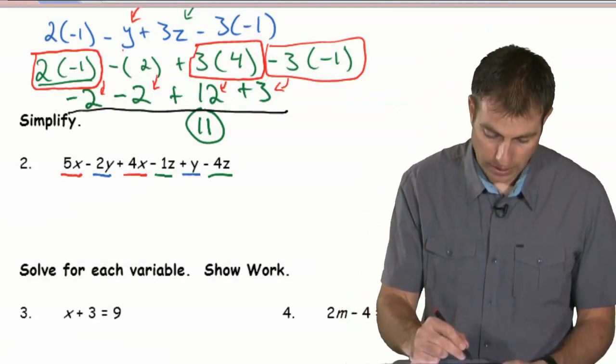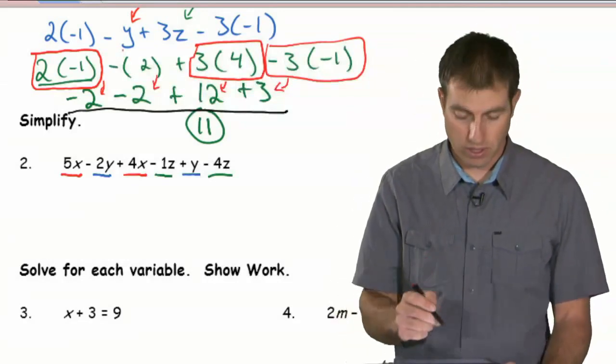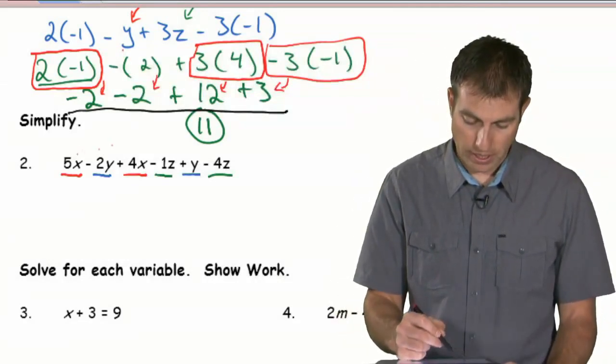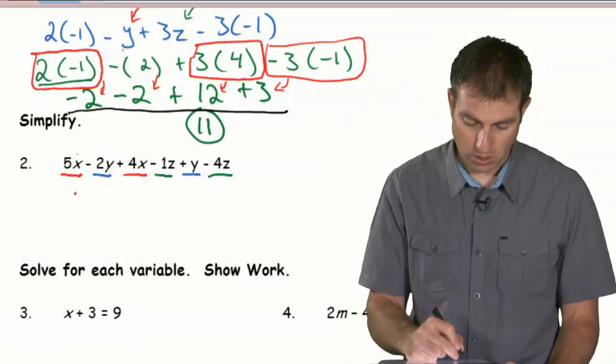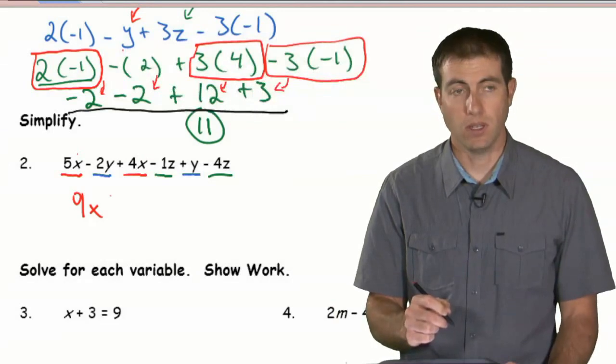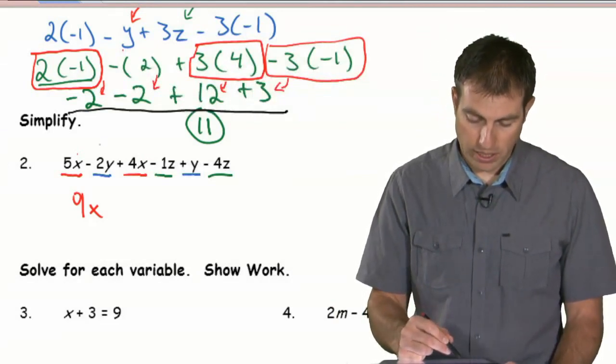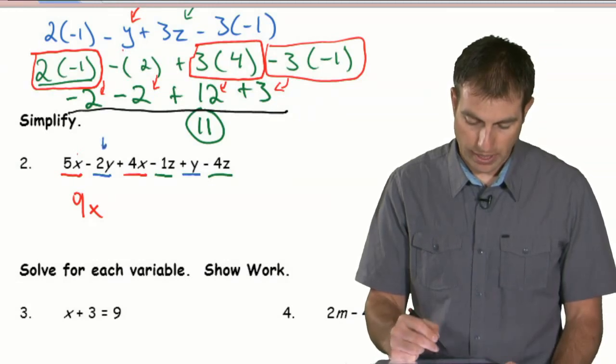So what I'm going to do is I'm going to add my x's together. How many x's do I have? I had 5 out front here, and then I have another 4. So altogether, I have 9 x's. And then I'm going to go ahead and do my y's. I have -2 here, and I have +1.